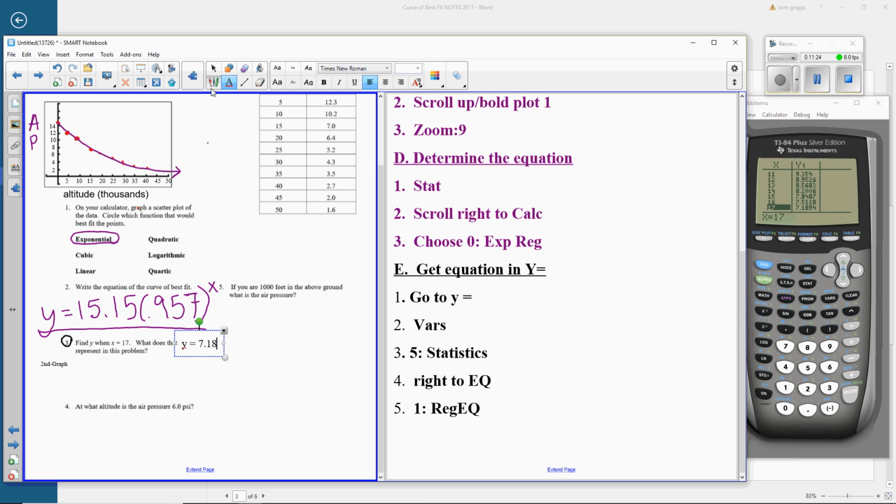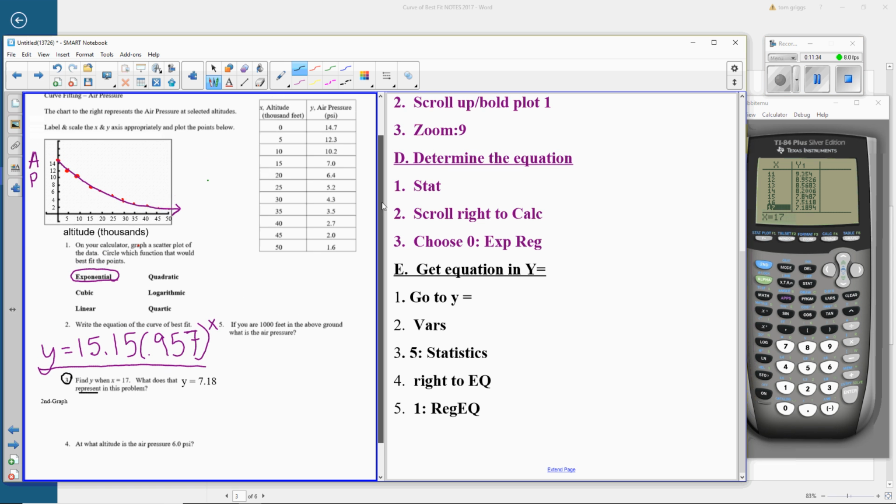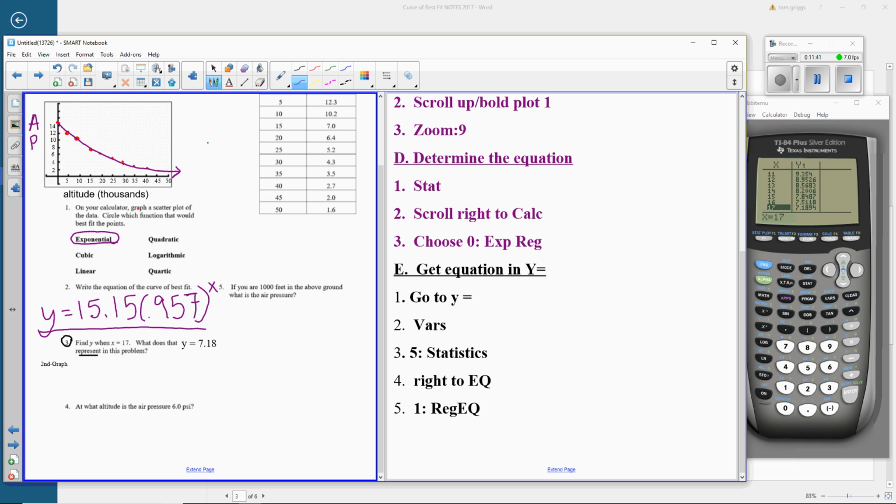And then more importantly, we want to answer the question, what does it represent in this problem? Well, remember, going back to the beginning, x is the altitude in thousands, and y is the air pressure. So this simply means at 17,000 feet, the air pressure is 7.18 psi, or pounds per square inch.